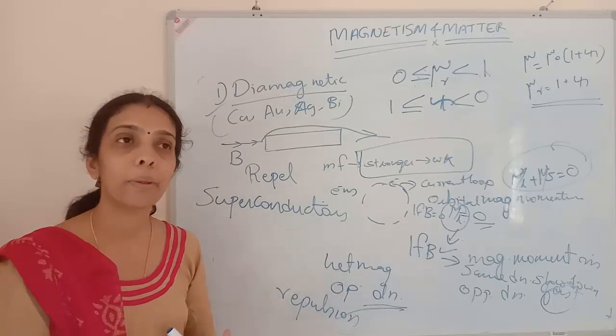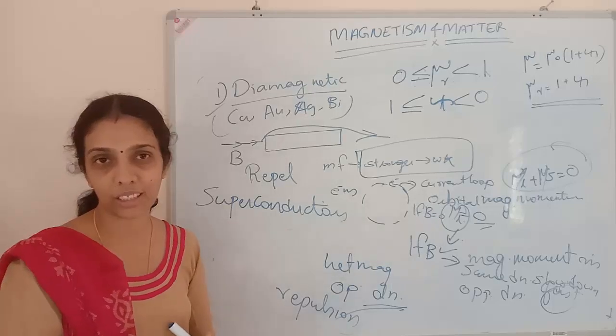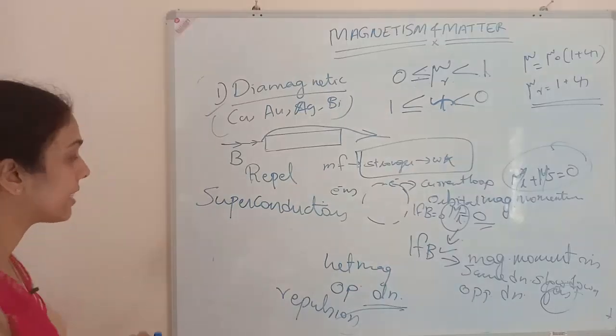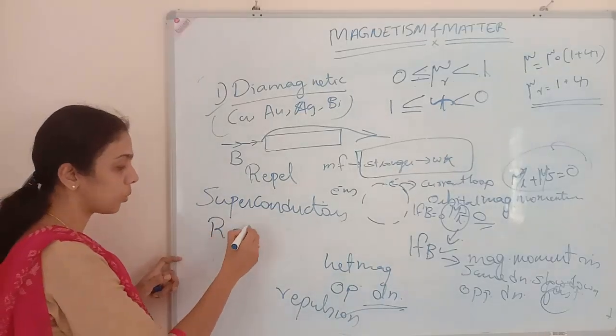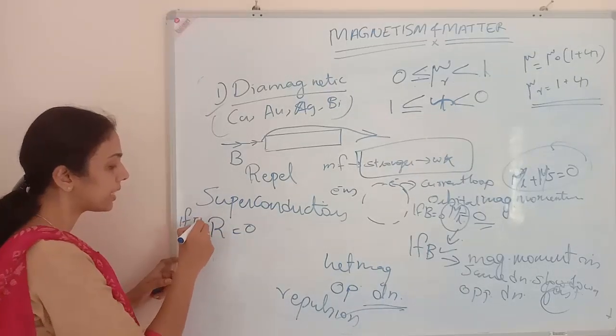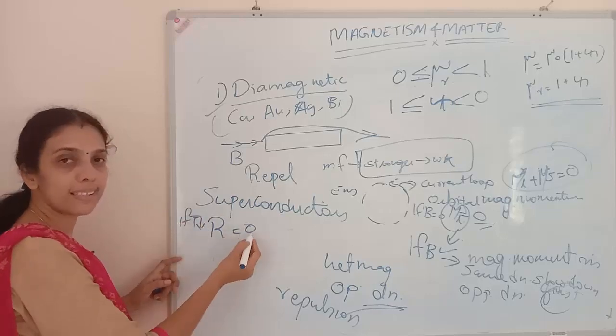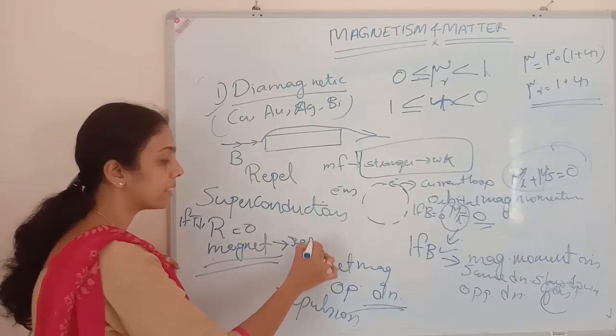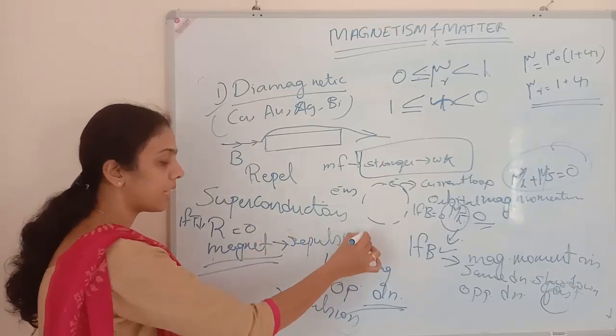Superconductors means what will happen if we reduce the temperature? While we are reducing the temperature, the resistance will become equal to 0 and the material will be repelled. Perfect repulsion will happen over there.